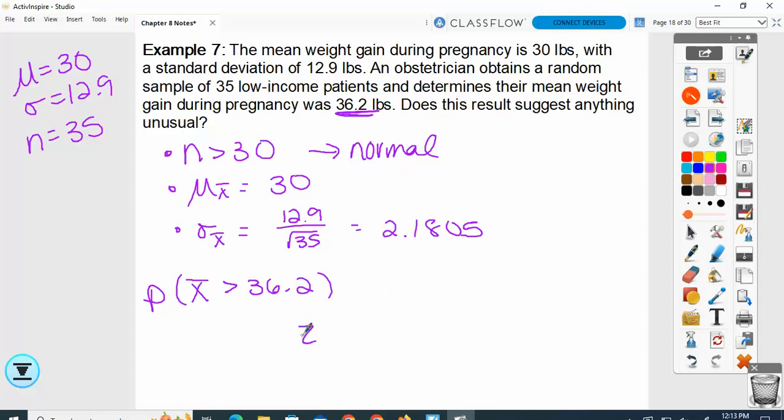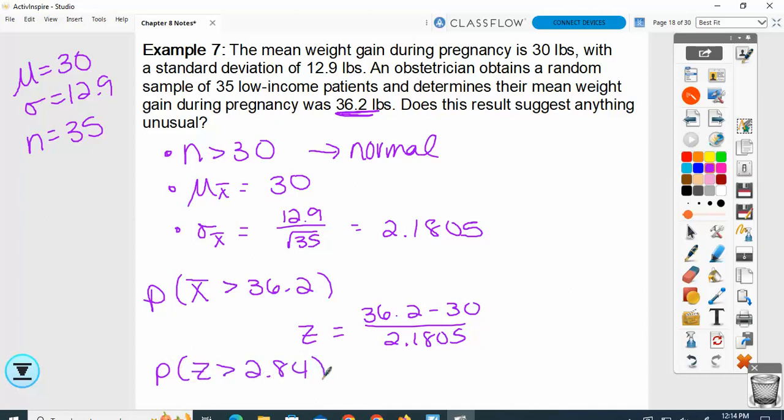So we need our z. X minus mu over sigma. So the probability that z is more than 2.84. More than, we have to do 1 minus the probability for 2.84.